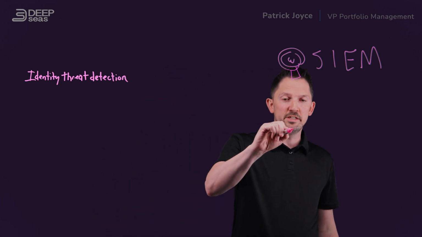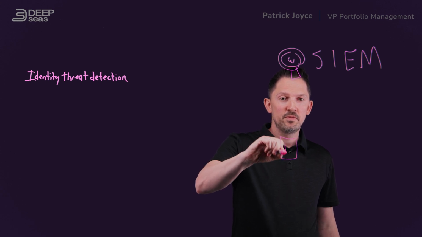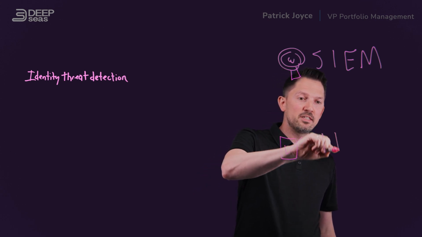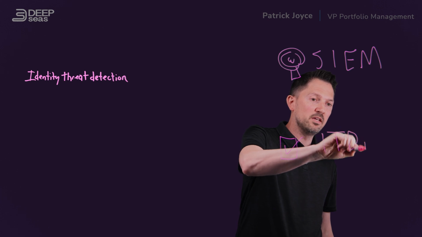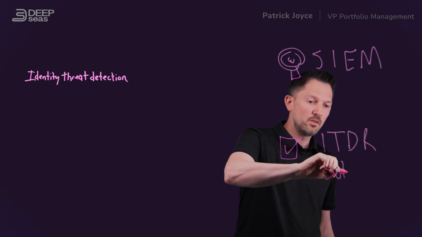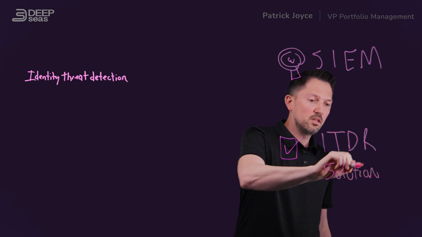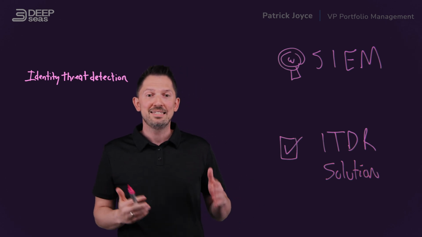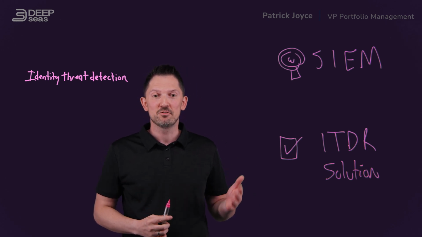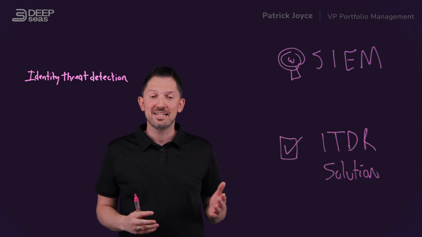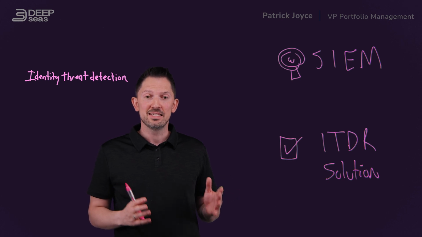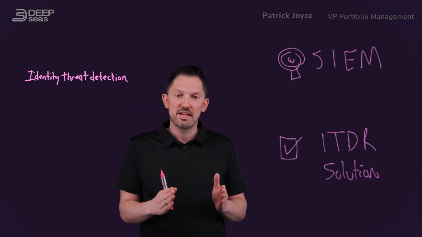Second, there's a new breed of identity defense technologies that you might have heard of. And these are called ITDR, Identity Threat Detection and Response Solutions. An ITDR solution is similar to a SIEM, but it's very narrowly focused.